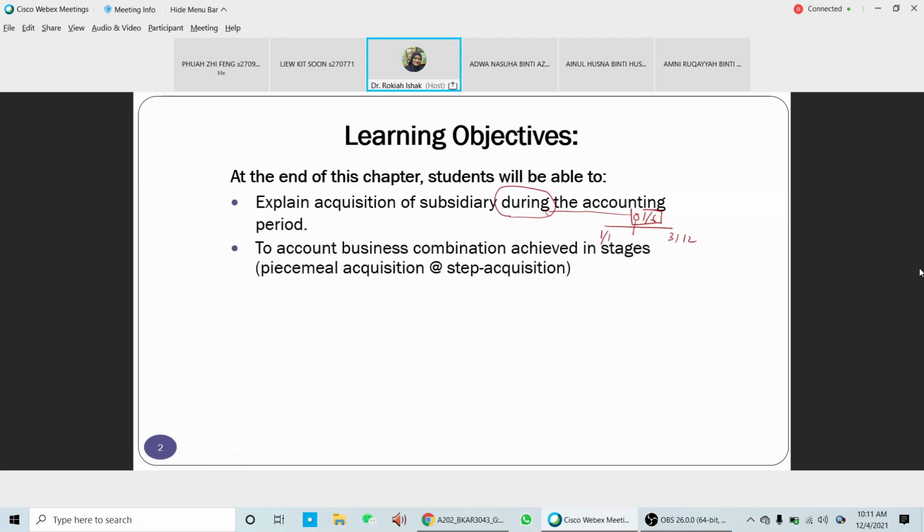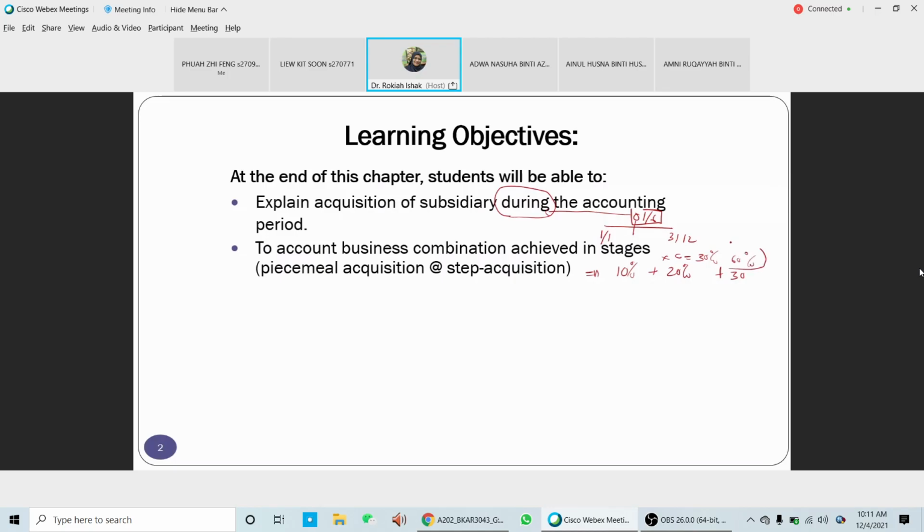The second objective is to account for business combination achieved in stages, by piecemeal acquisition or step acquisition. For example, at first you have 10% and then you add another 20%. During this time, there is no control yet because your shares are only 30%. Then you add another 30%, so now it becomes 60%.